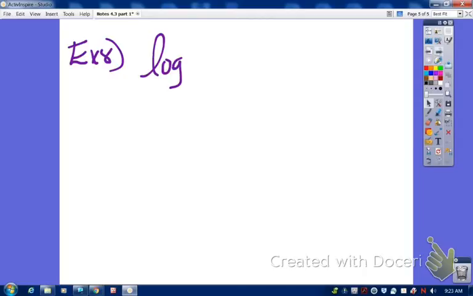As I'm writing, y'all already have this written. What do y'all see? There are really 2 properties going on in this log. Okay, product. So this is really x times y to the 3rd.